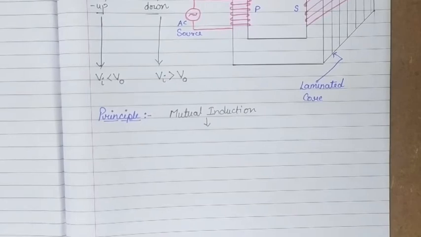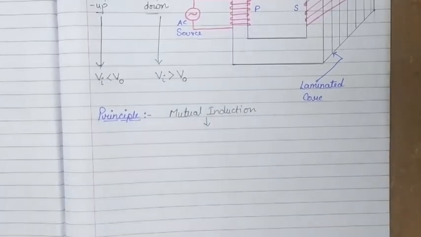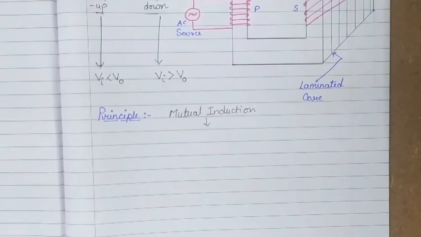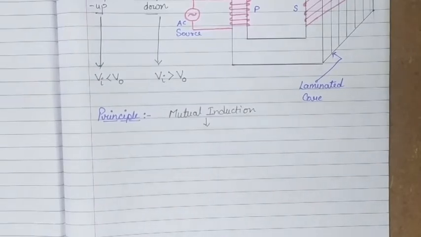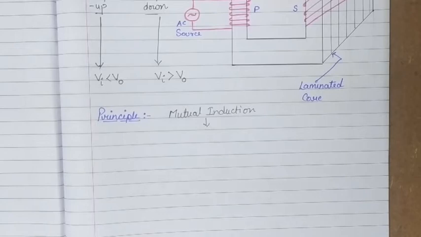हमने पढ़ा है that whenever we have two coils such that the change in magnetic flux of one coil is linked with the other coil, means अगर प्राइमरी कॉइल में करंट चेंज होगा उससे रिलेटेड मैग्नेटिक फ्लक्स चेंज होगा, बिकॉज ऑफ दैट there will be a change in magnetic flux in the neighboring coil also.